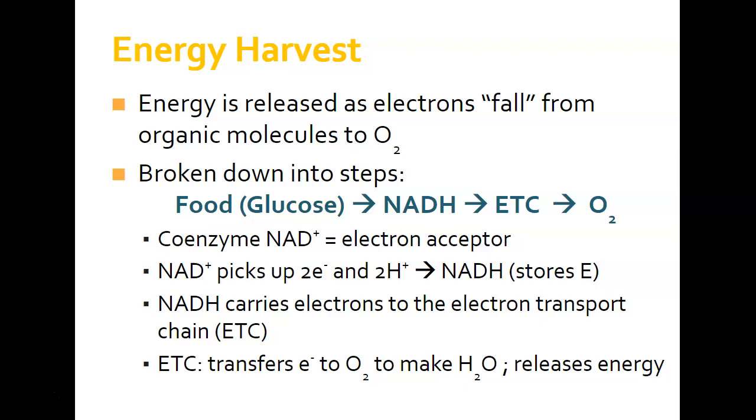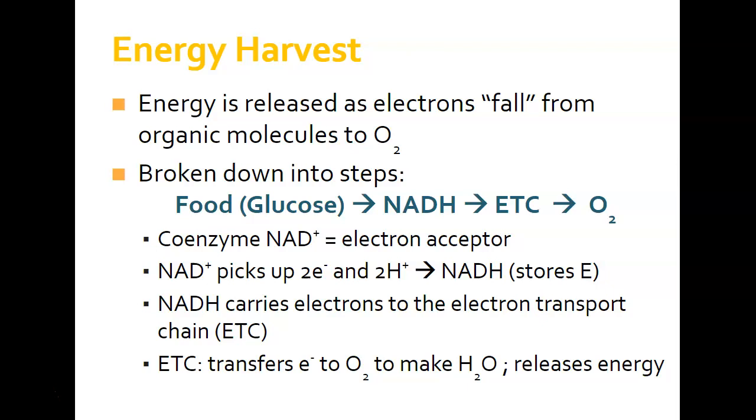The breakdown of steps means that it's going to go from food to NADH, which is one of those shuttle carrier molecules of the electrons. Then it's going to fall down the electron transport chain to the final electron acceptor, oxygen. The coenzyme NAD, which we saw in photosynthesis as NADP+, is another electron acceptor here.